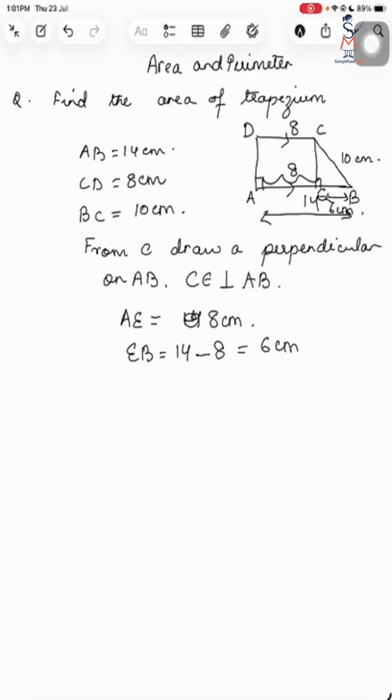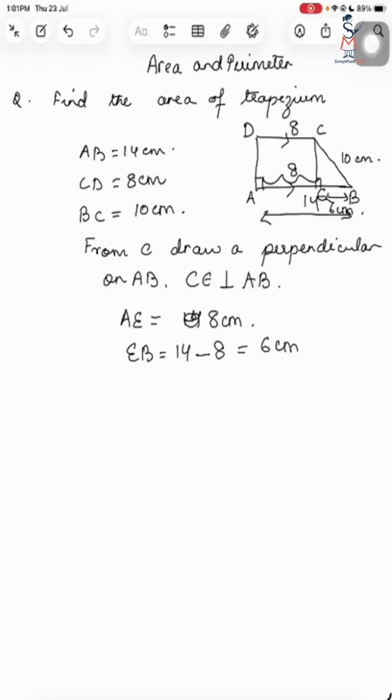So what you will do, you will write like this: from C, draw a perpendicular on AB and draw a figure alongside it and show it. CE is perpendicular to AB, AE is 8, so EB is 6 centimeter.